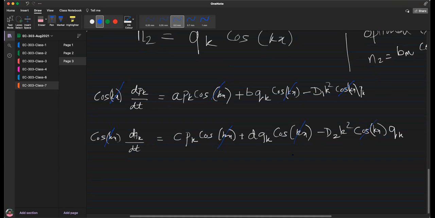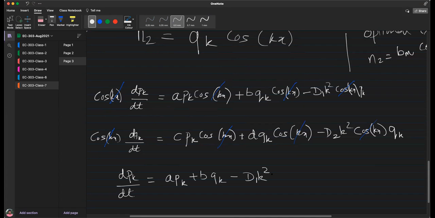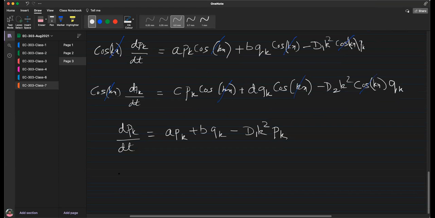So what are the simplified equations now? dp_k by dt is equal to a p_k plus b q_k minus D1 k square p_k, and dq_k by dt is equal to c p_k plus d q_k minus D2 k square q_k.